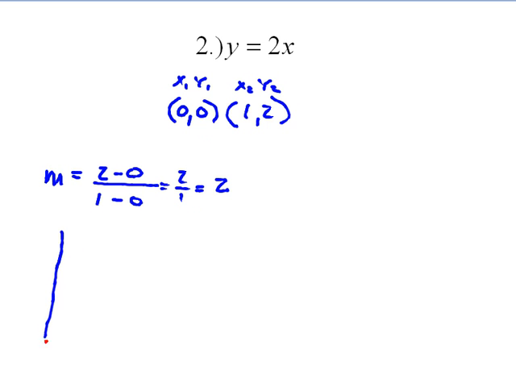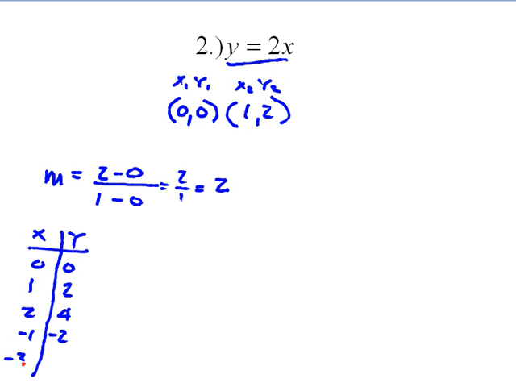Now, if we plot some values for x and y, we know we have 0, 0, and we know we have 1, 2. Let's try 2. Just put 2 into this formula, and we get 4. Let's put a negative number in there. These are just random picking numbers for x to give us an idea of how the graph looks.